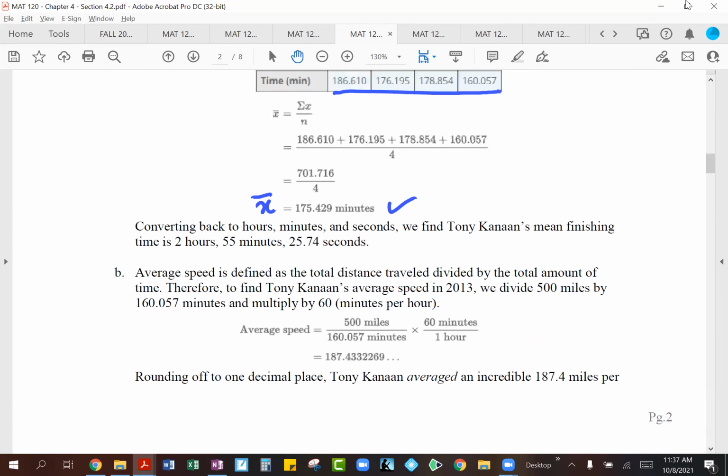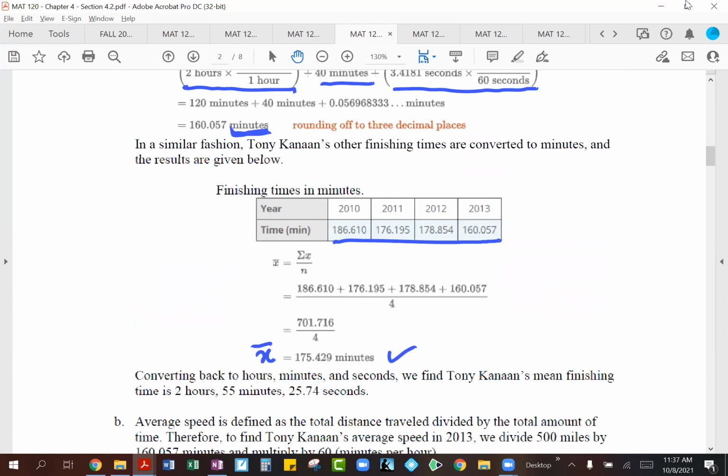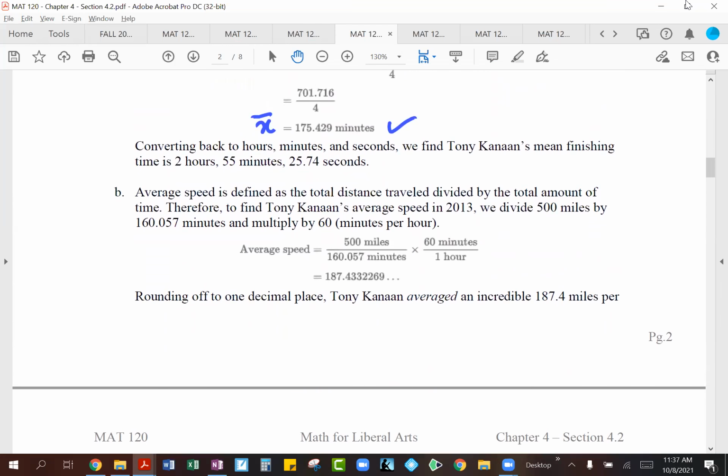So you will see they were talking about, for that 2013 Indy 500 victory, what average speed did he have? Of course, we know it's called the Indy 500 because it's a 500-mile race. So you've got the 500-mile race, and we've got his time in minutes now.